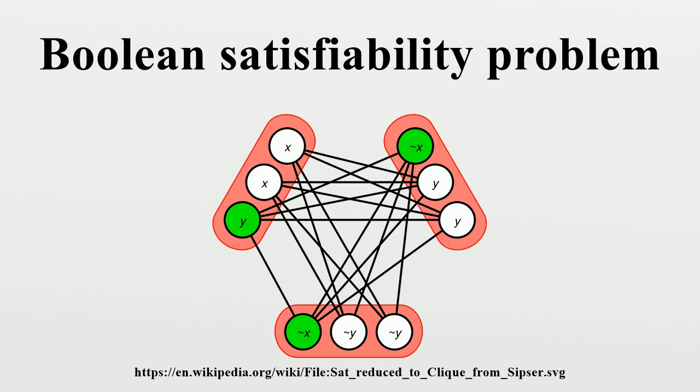Some authors restrict k-SAT to CNF formulas with exactly k literals. This doesn't lead to a different complexity class either, as each clause L1 or ... or Lj with j less than k literals can be padded with fixed dummy variables to L1 or ... or Lj or dj+1 or ... or dk.